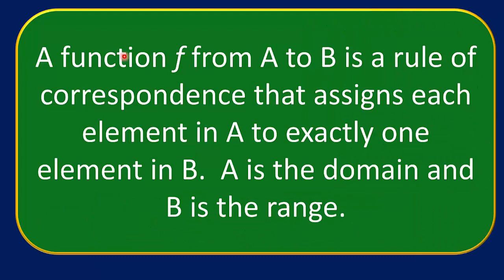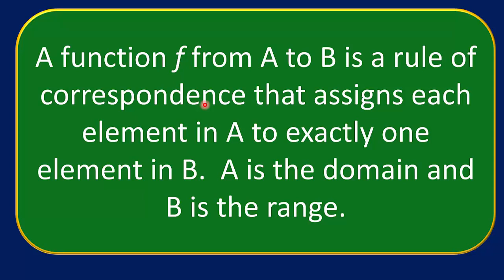Now, a formal definition of a function: a function f from A to B is a rule of correspondence. In our case, the rule of correspondence would be you tell me how many hours you work, and I'll tell you how much you get paid. You work 3 hours, you get $30. Okay? So there's a rule of correspondence.